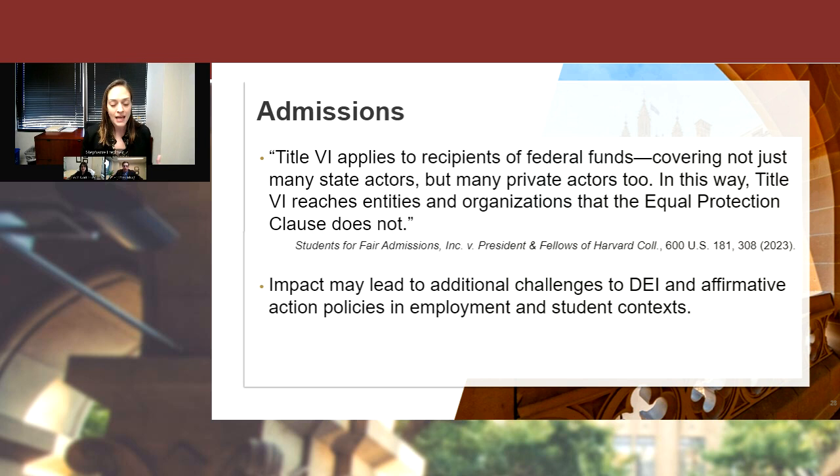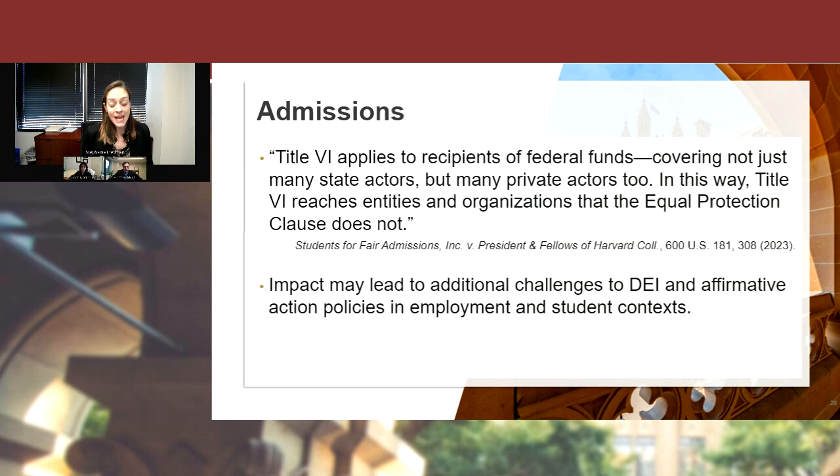So the majority opinion went through this whole analysis under the Constitution, and here we also get the idea that Title VI is going to be broader. It's going to apply to more people, not just the public institutions that the Equal Protection Clause covers, but private institutions as well. So the justices are saying that under both the Constitution and Title VI, you can't use these types of race-based programs as a factor in the admissions process.